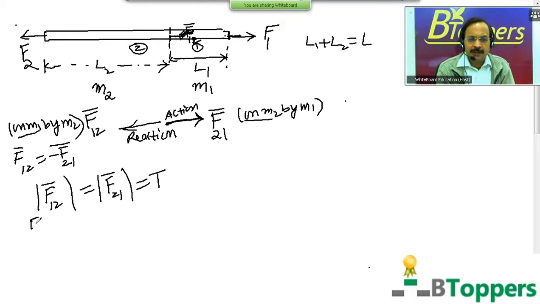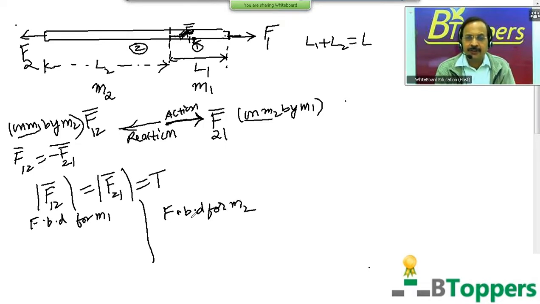So if you draw a separate free-body diagram for each body, of course showing only the forces in the horizontal direction, I don't mean there are no forces in the vertical direction. Of course, in the vertical direction, the weight of each part of the rope will be balanced by the normal reaction force by the smooth floor.